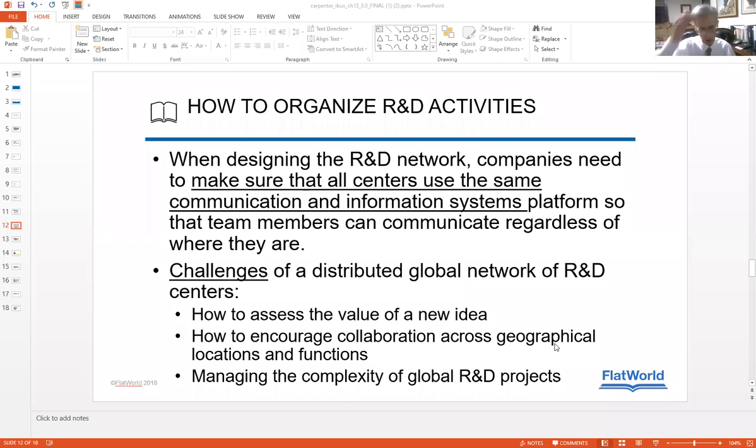I hope I get the right slide. Yeah, okay. So once we have this network, we then have these three challenges at the bottom of the slide. How to assess the value of a new idea when it doesn't occur at headquarters. How to encourage collaboration across these various units to develop the product most successfully and efficiently.